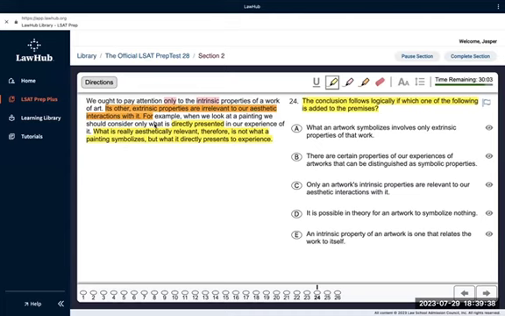They don't actually mention the symbolism part earlier, so that might be a bit of a gap. We would have to make sure that we cover that gap, because we have to make sure that symbolism in a painting is an extrinsic property rather than an intrinsic property, and that what a painting symbolizes is not something that is directly presented to us.